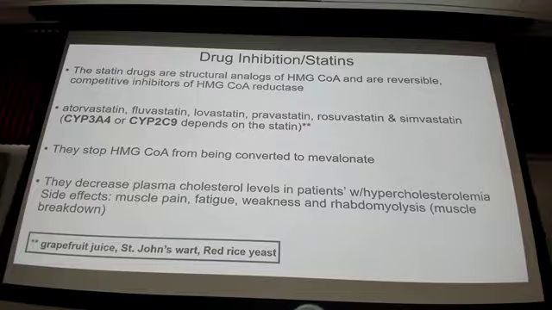Aspirin, right? So basically, they're going to decrease cholesterol in those patients that have high cholesterol levels, and if we have too much statin in the body, then they may cause side effects such as muscle pain, fatigue, and muscle breakdown in severe cases.